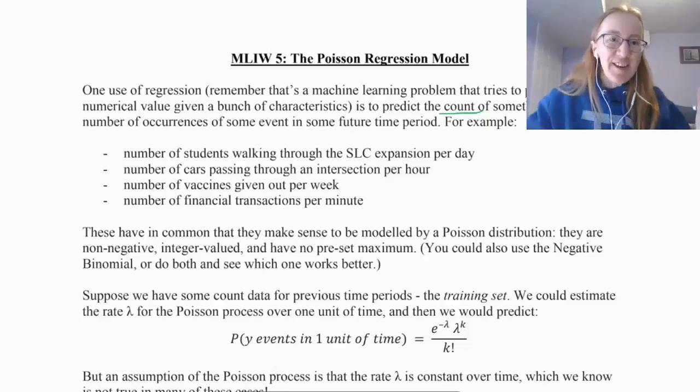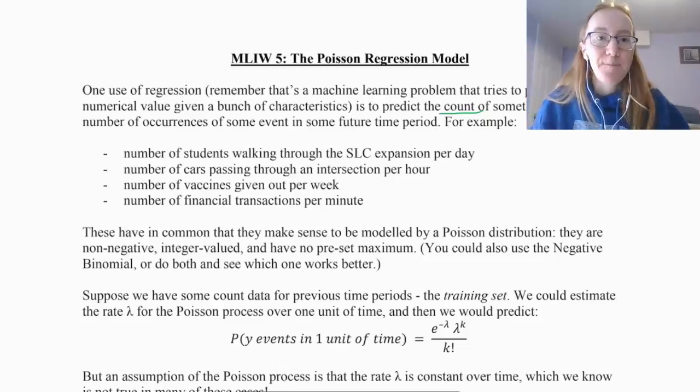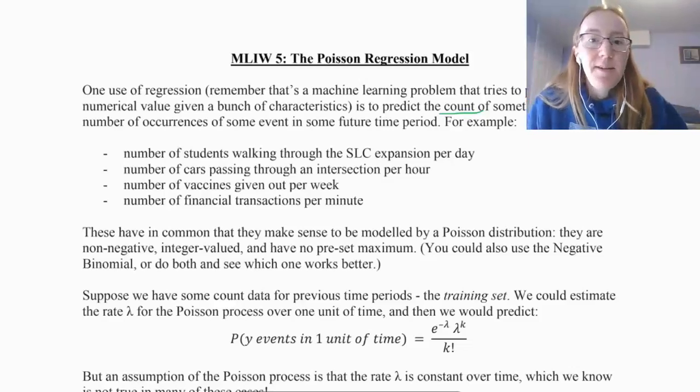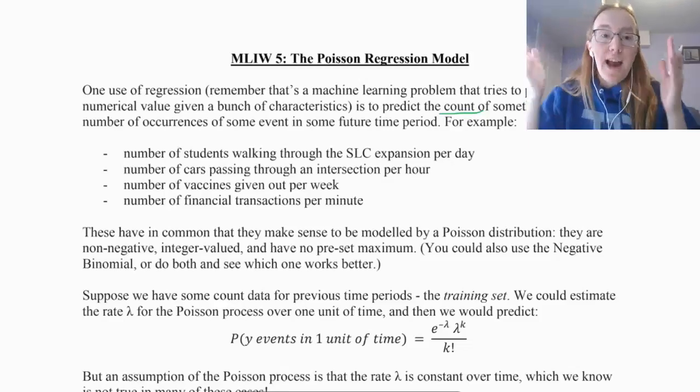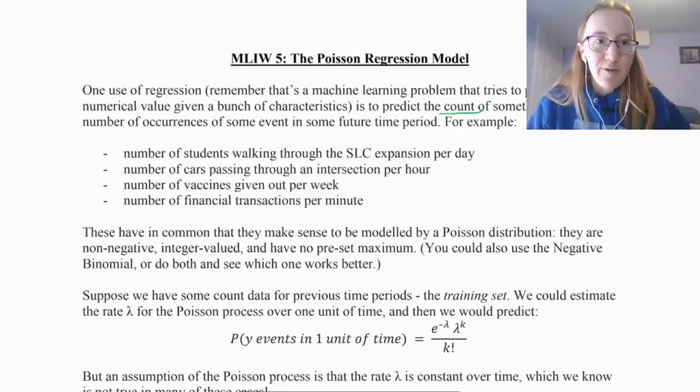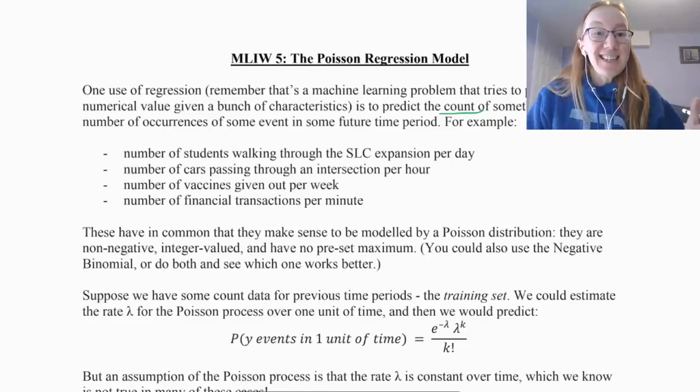But in general, that might be useful for marketing, or anyone would want to know how many people pass a certain spot per day to know the optimal place to put an ad. The number of cars passing through an intersection per hour could be useful for a traffic study to know whether to put a stop sign somewhere. Thinking about the number of vaccines given out per week.